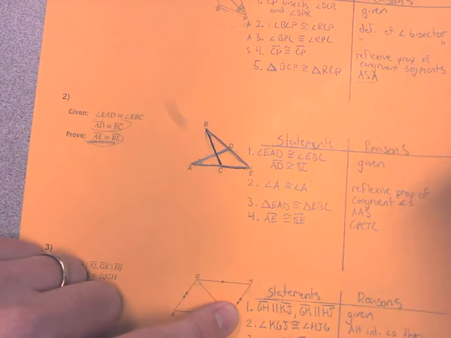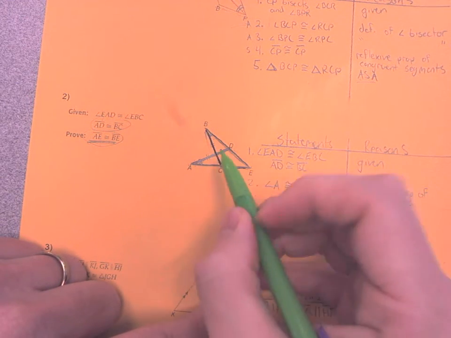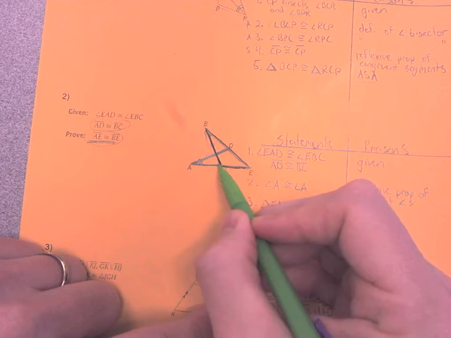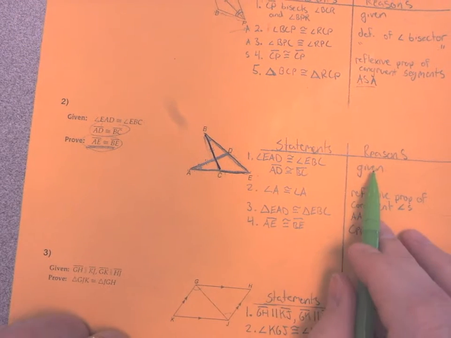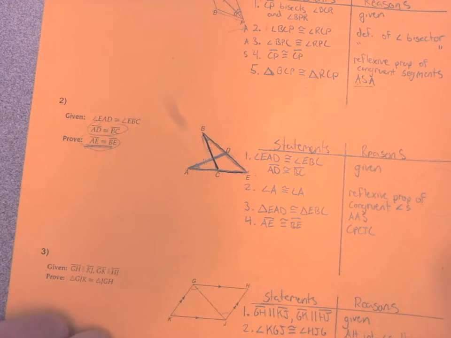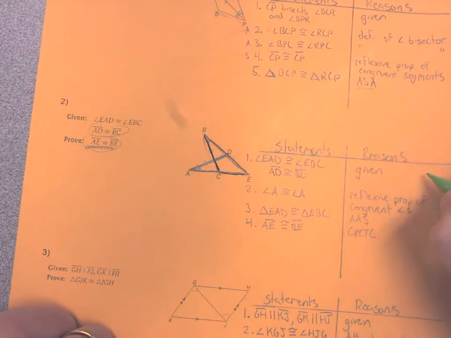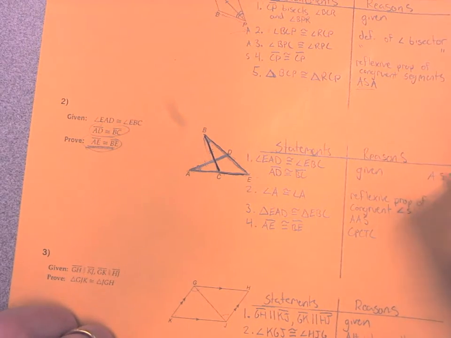Okay, so notice that I got an angle, I got a side and a side. All I need is another angle or another side, really, if they're in the right order and I can show the triangles are congruent. So I started with my given, and I already had 2 out of 3 pieces of information. From the given, I have an angle and I have a side.